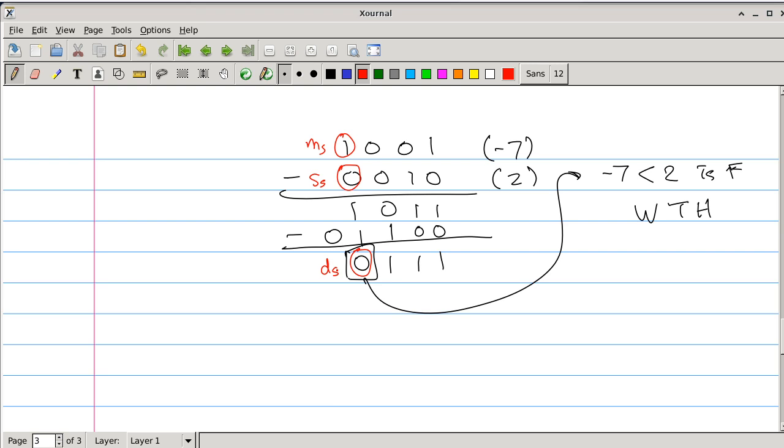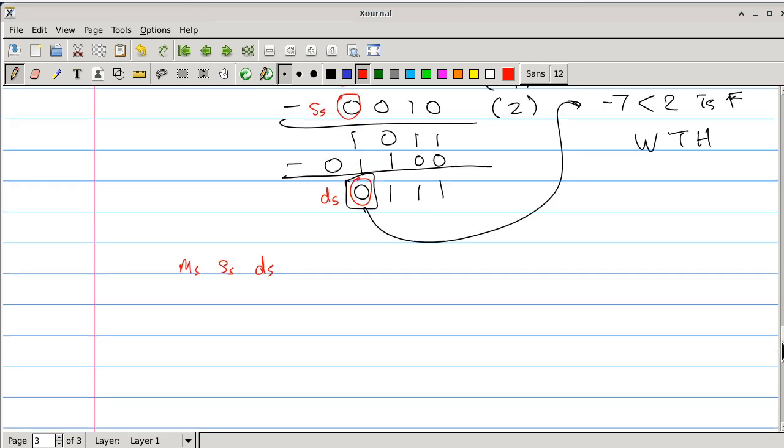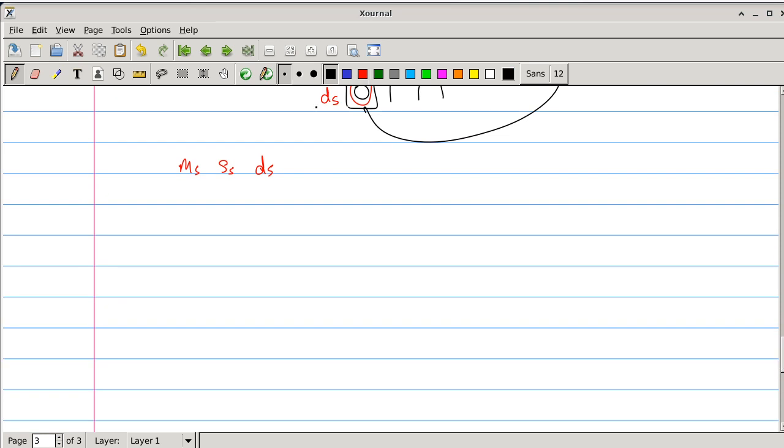So with 3 bits, we have 8 possible cases. So we look at MS, SS, DS, and then we make a table out of this. So we say 0, 0, 0; 0, 0, 1; 0, 1, 0; 0, 1, 1; 1, 0, 0; 1, 0, 1; 1, 1, 0; and 1, 1, 1.